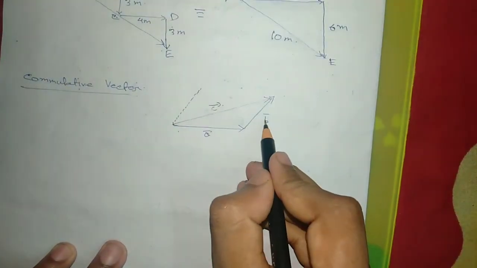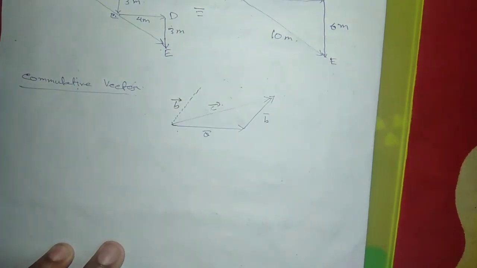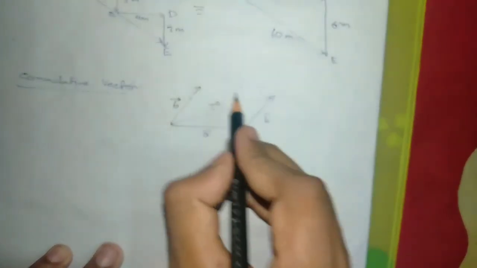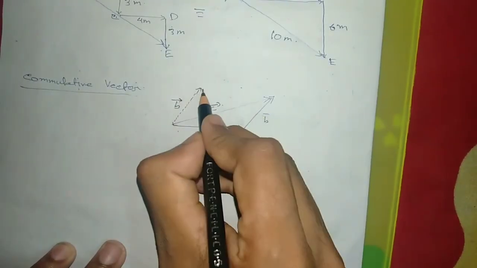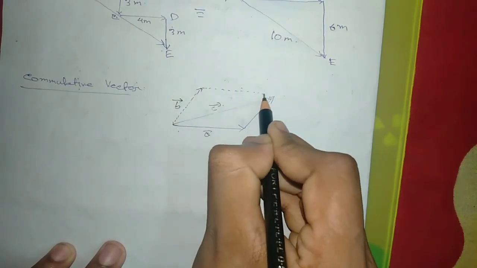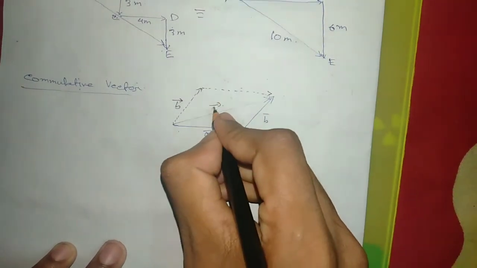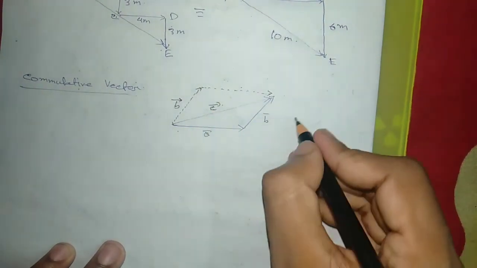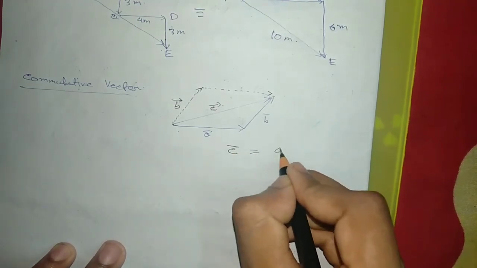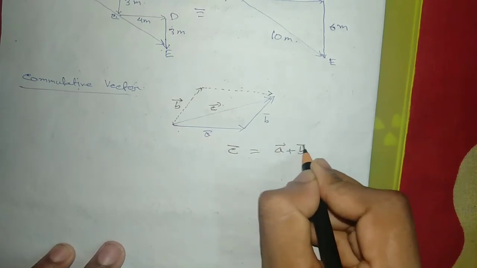Okay, this is also B vector and this is C vector. C is the resultant vector. C vector means A vector plus B vector.